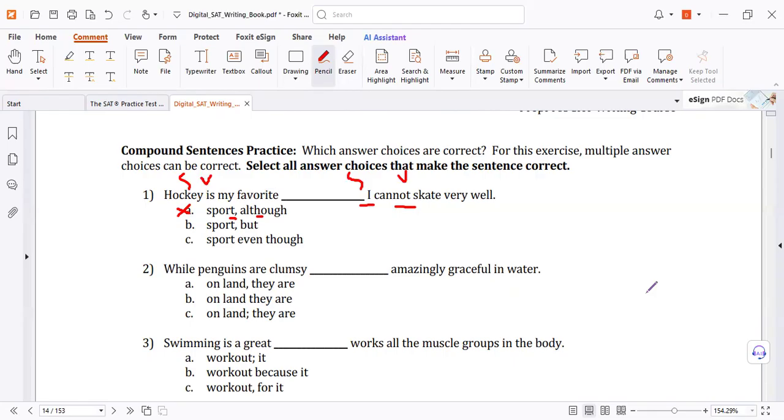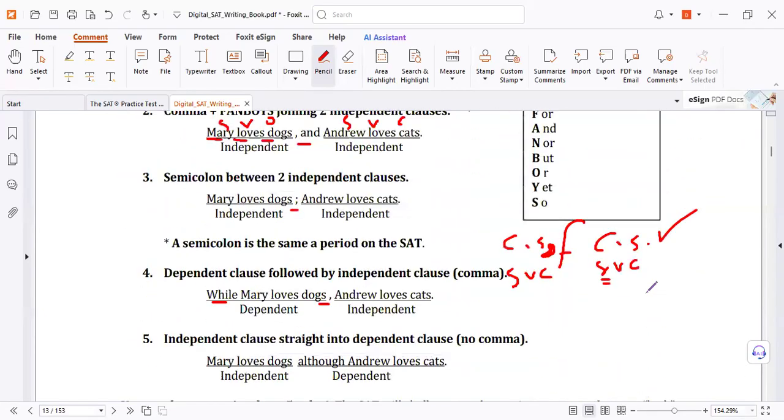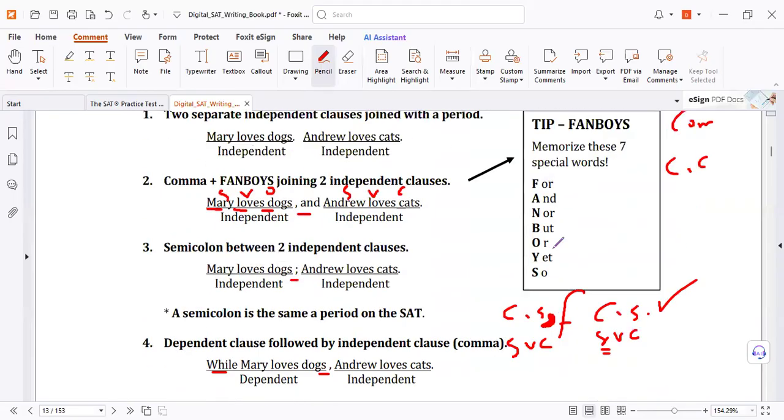So do we need a comma or not? You crossed out A because you cannot put a comma then a conjunction. Then why B? There is no problem if you put comma, then but. The rules. Memorize the rules. This structure: complete, FANBOYS, complete.